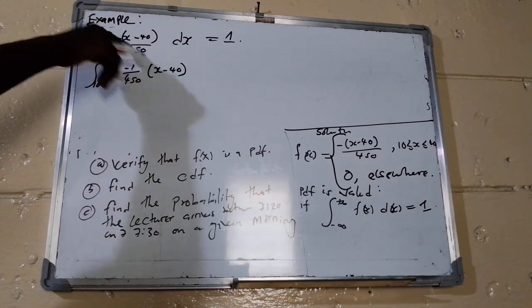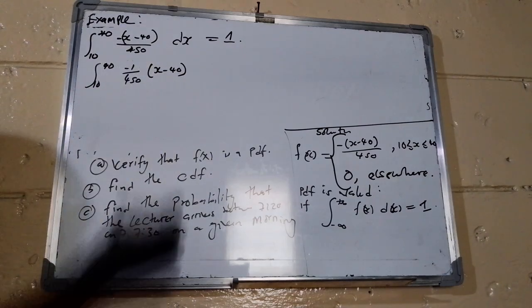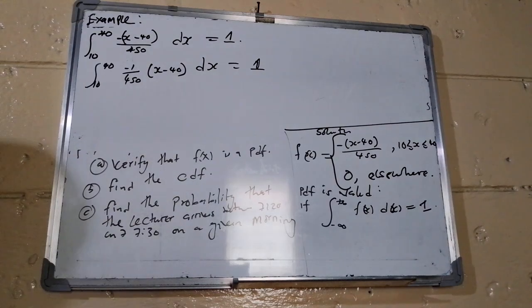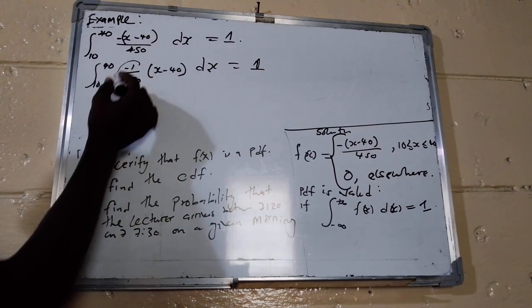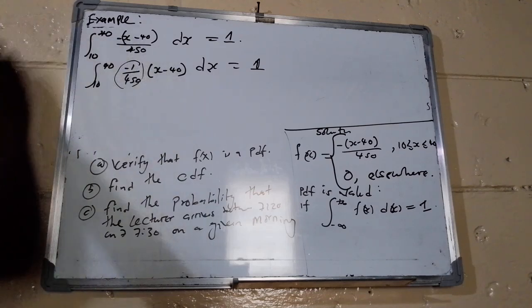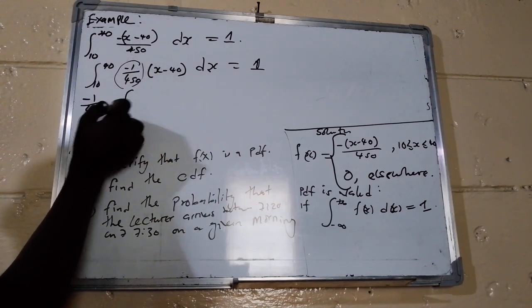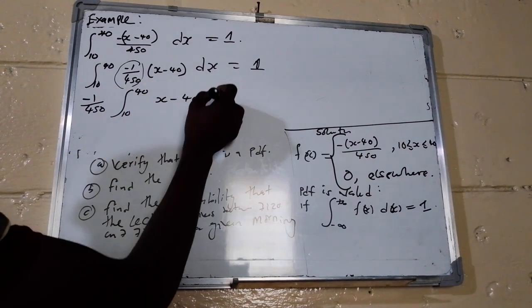Negative 1 divided by 450 is the one which is multiplied with x minus 40. Since I'm integrating with respect to x, this can be treated as a constant, brought outside, and I'm going to have negative 1 over 450, the integral from 10 to 40 of x minus 40 dx.